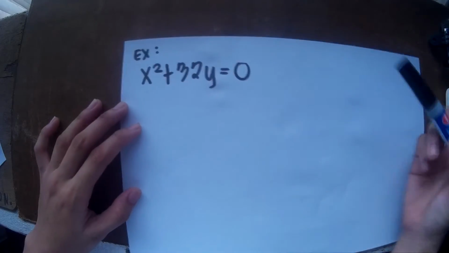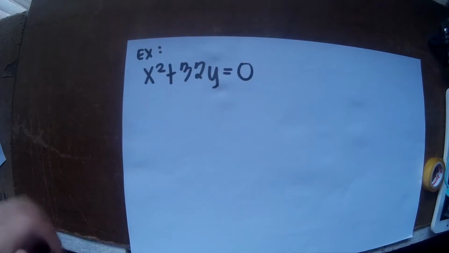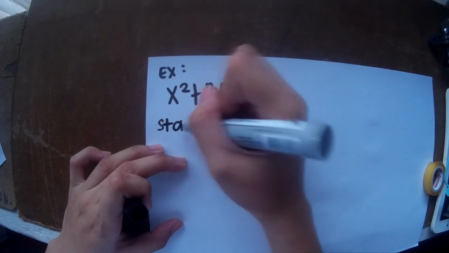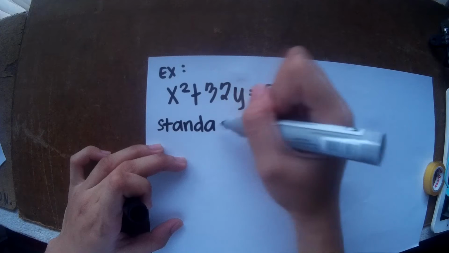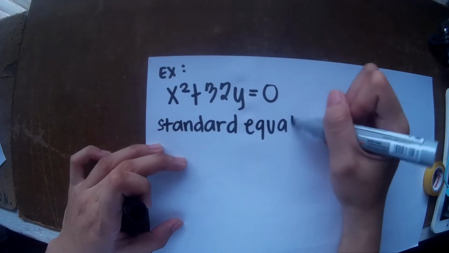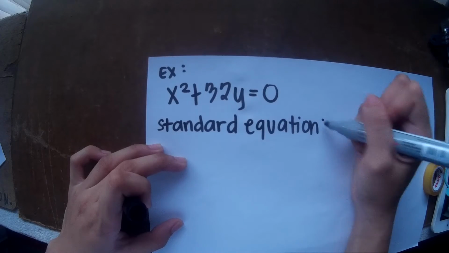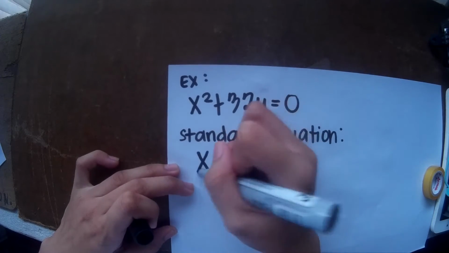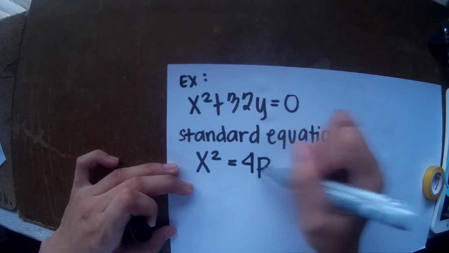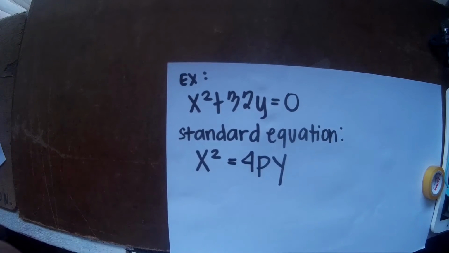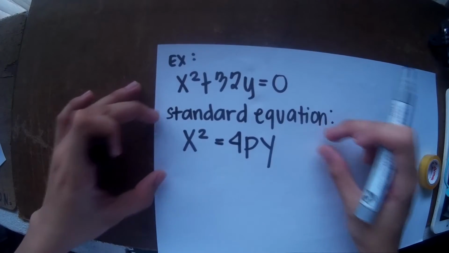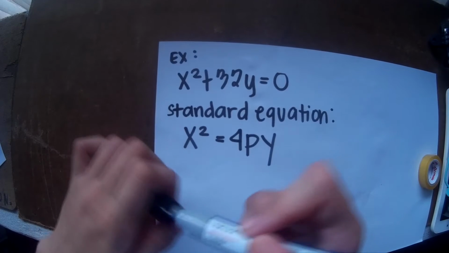And then since it's x squared, our standard equation will be x squared equals 4py, right? And we all know that this standard equation is in remark 2.